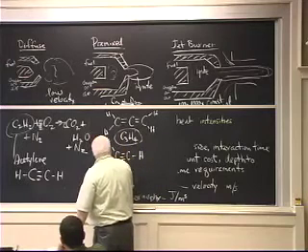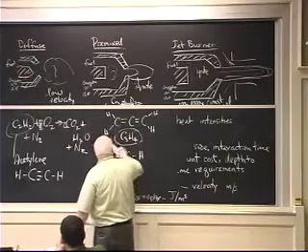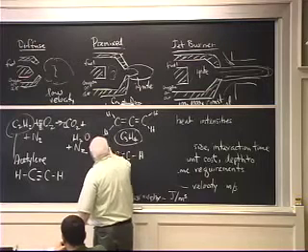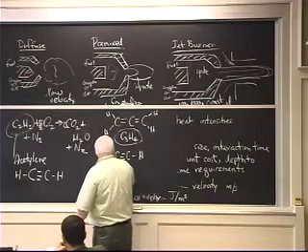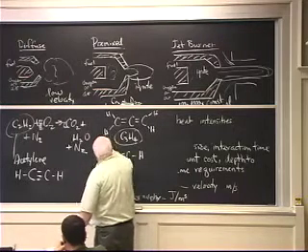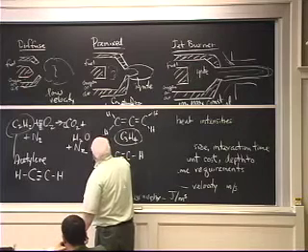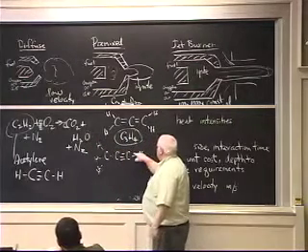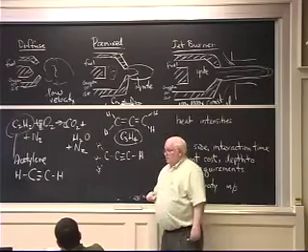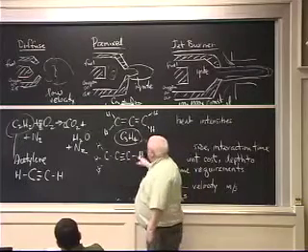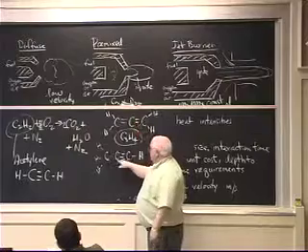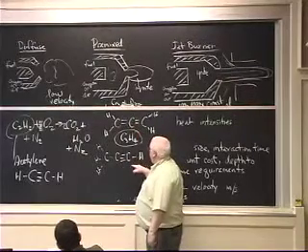Oh, now I gotta have another carbon. So this carbon has 4 bonds, this carbon has 4 bonds, this carbon has 4 bonds. This is C3H4, this is C3H4. This has 2 double bonds, this has a triple bond and a single bond.